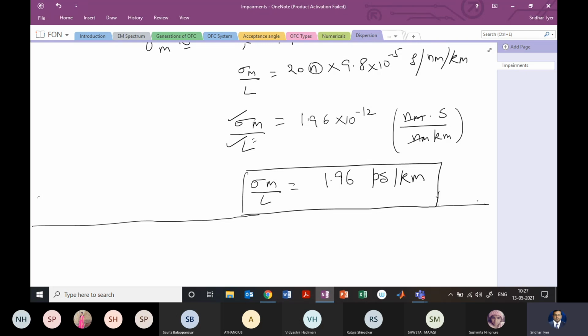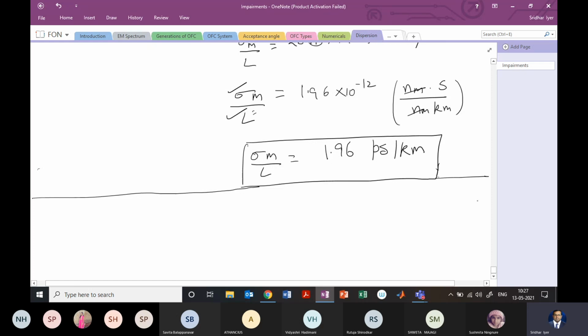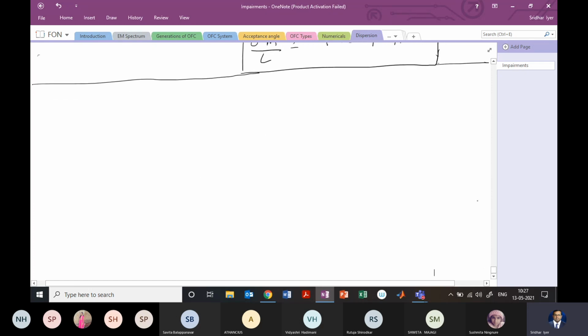Okay. So before we discuss the shifting of the dispersion and what are those types, let us quickly look at what is this overall fiber dispersion, because now we have discussed all the types of dispersions, that is intermodal, intramodal, and the subtypes inside that.